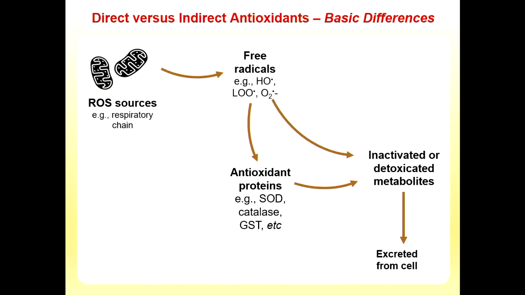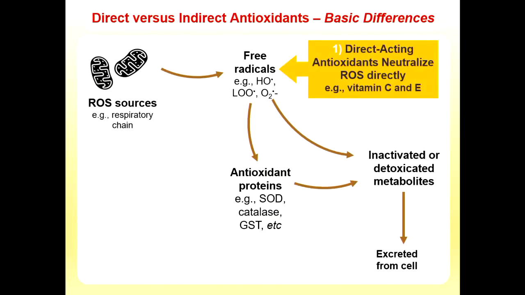Okay, so just to clarify then the difference between a direct and an indirect mode of action. A direct acting antioxidant directly neutralises some of those nasty chemically reactive substances that are formed during oxidative stress and often are released from endogenous sources, such as activated immune cells or the mitochondrial respiratory chain.